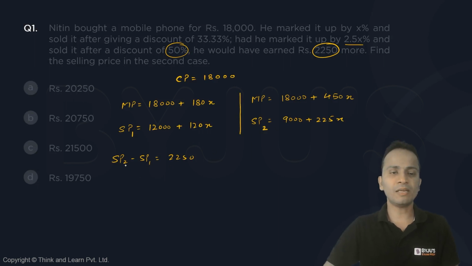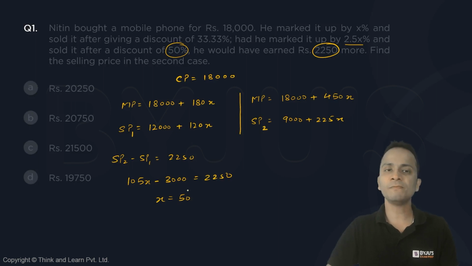So selling price 2 minus selling price 1, I can write it as 105x minus 3000 is equal to 2250. Solving, I'll get the value of x as 50. Now we have to find out the selling price in the second case. That means we have to find out the value of 9,000 plus 225x.